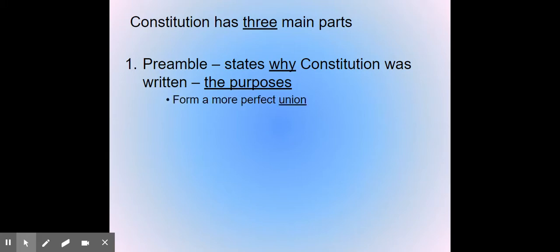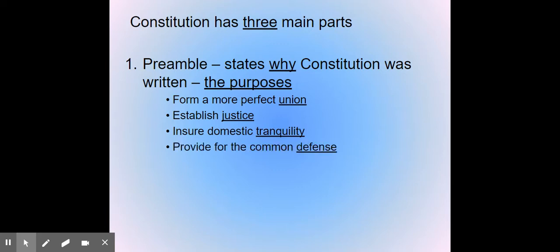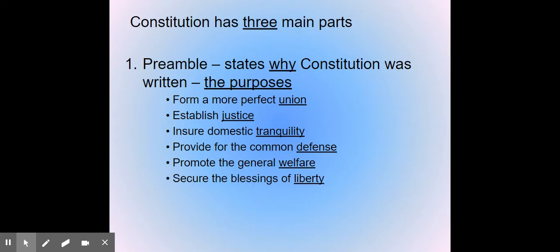Why are we doing this? In order to form a more perfect union. Do hereby establish justice, ensure domestic tranquility, which is peace, provide for the common defense, and promote the general welfare, to secure the blessings of liberty for ourselves and our posterity, which means our children.